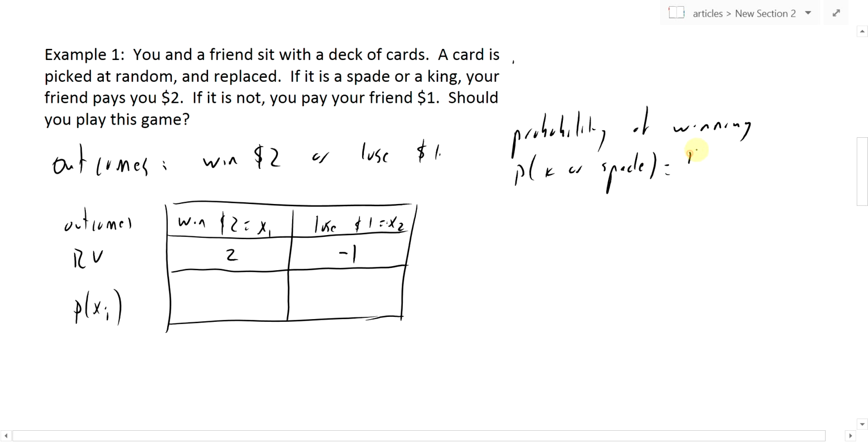That's 14 spades plus 4 kings minus 1 king of spades over 52. So the probability of winning is 17 over 52. 18 minus 1. No. I knew there was something wrong with that. There's 13 spades. So it's 16 over 52. Okay, good. And that's 0.3077.